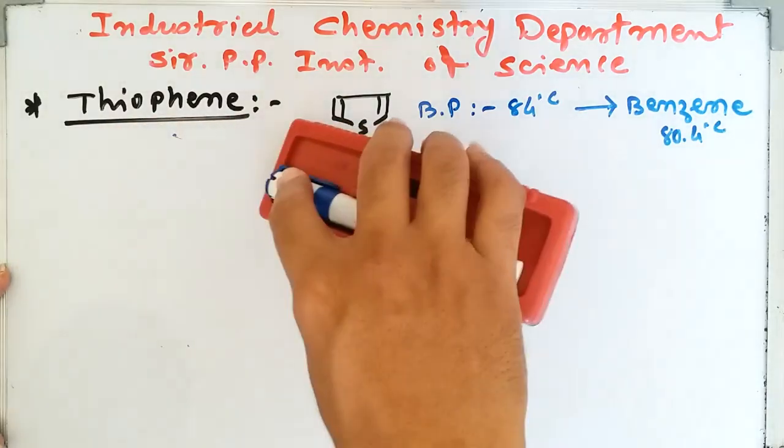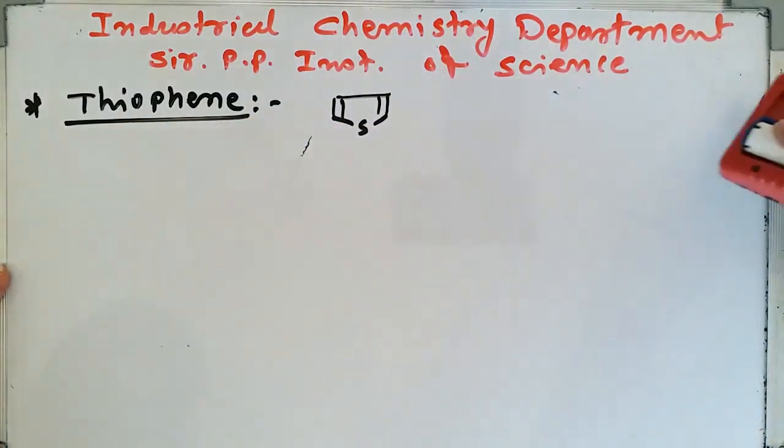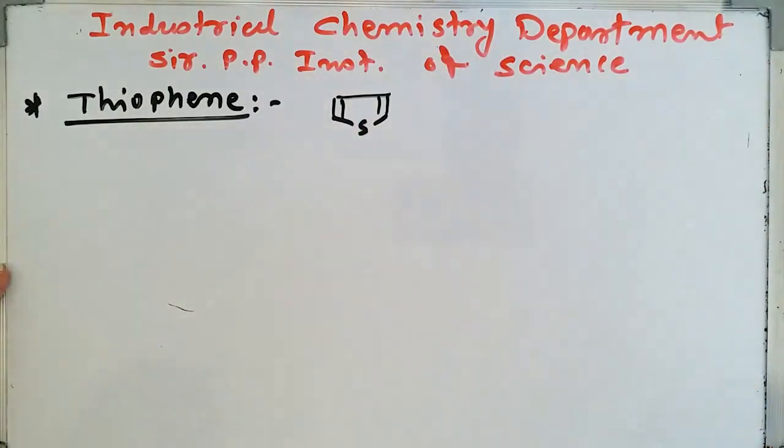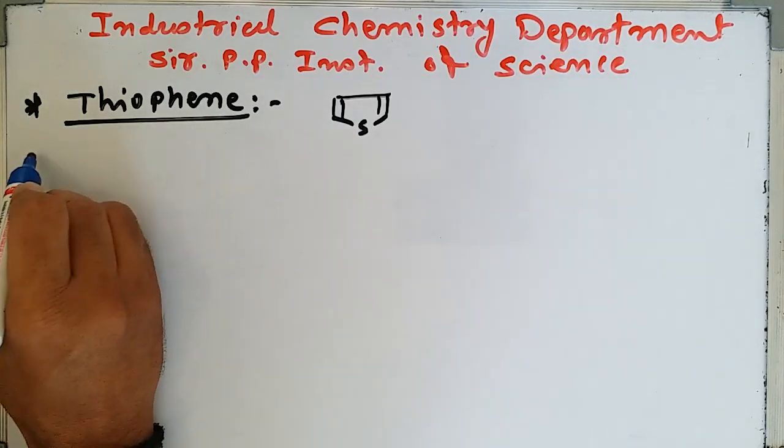Preparation of thiophene. First of all, by passing acetylene and H2S over alumina at 400 degrees Celsius we get thiophene.